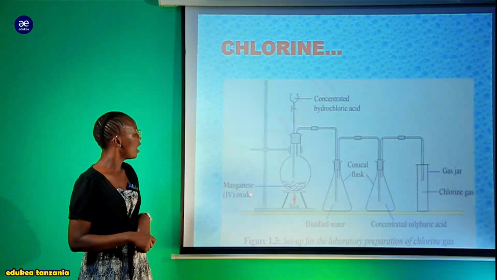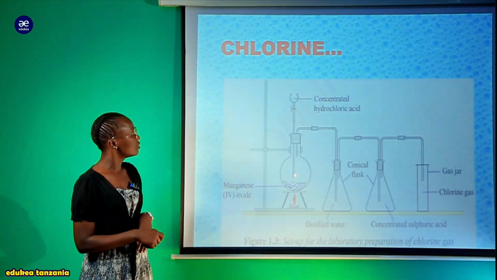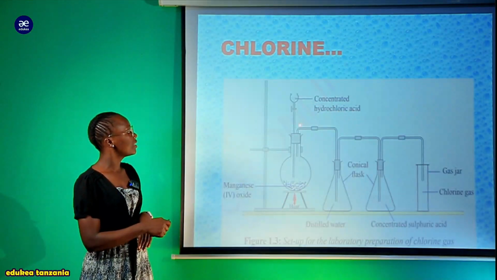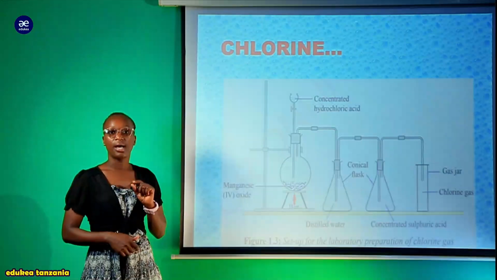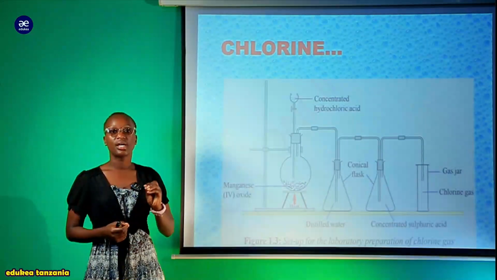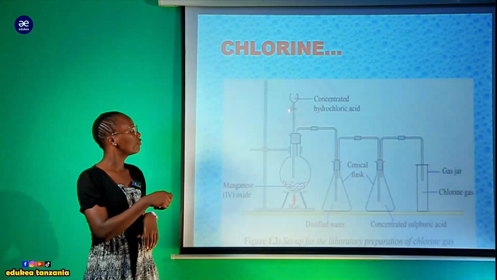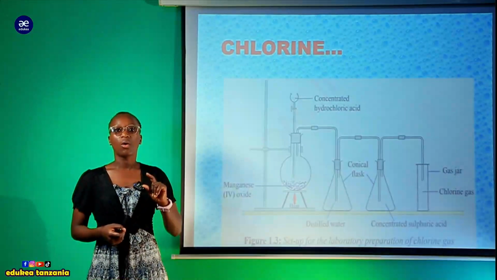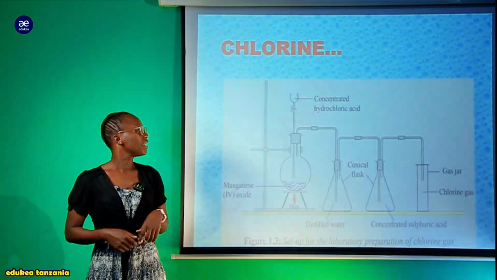So as you can see here, we have the round bottom flask. As you can see here, the concentrated hydrochloric acid enters through this funnel, ambapo hapa tuna ile tap. This tap, the main aim is to adjust, inatumika katika kuadjust. Wakati unafanya pouring of this concentrated hydrochloric acid, unakuwa unaiminya hii hapa ili kuweza kumaintain kile kiwango ambacho kinaingia.